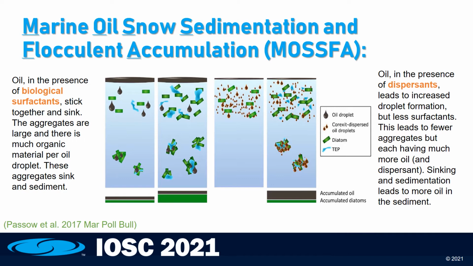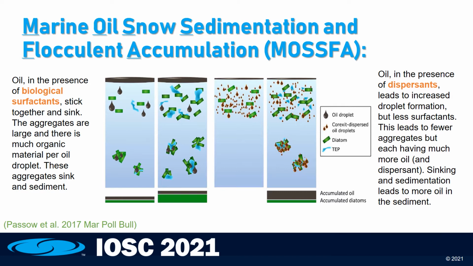The exopolymers they release, shown here in blue, will also stick to the oil, and collectively you will form aggregates. In this scenario, which is shown on the left-hand side, you get large aggregates forming that are filled with organic material in terms of algal or microbial biomass, but not very much oil.